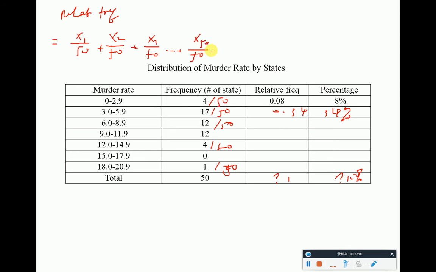Now, because all these fractions have a common denominator, we can simply write the sum as one fraction with one common denominator, that's 50, but then we have the sum up here as x1 plus x2 plus all the way to x50. Now the question is, of course, what should all these numbers add up to?